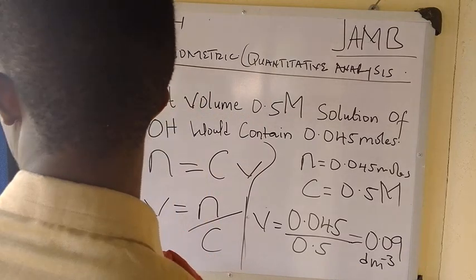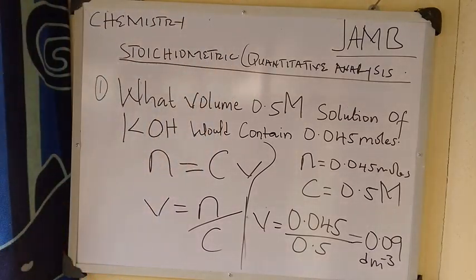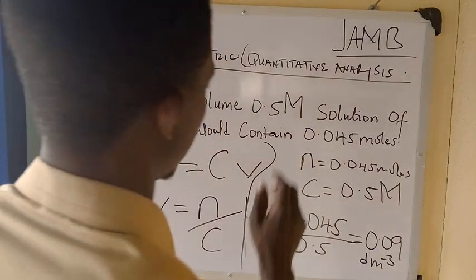So if you solve this, you have 0.09 dm cube. As simple as that. That is the volume given.